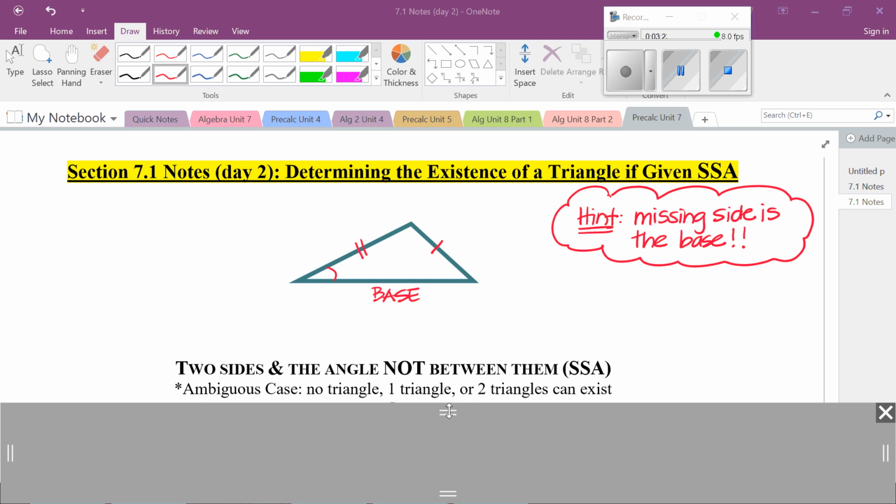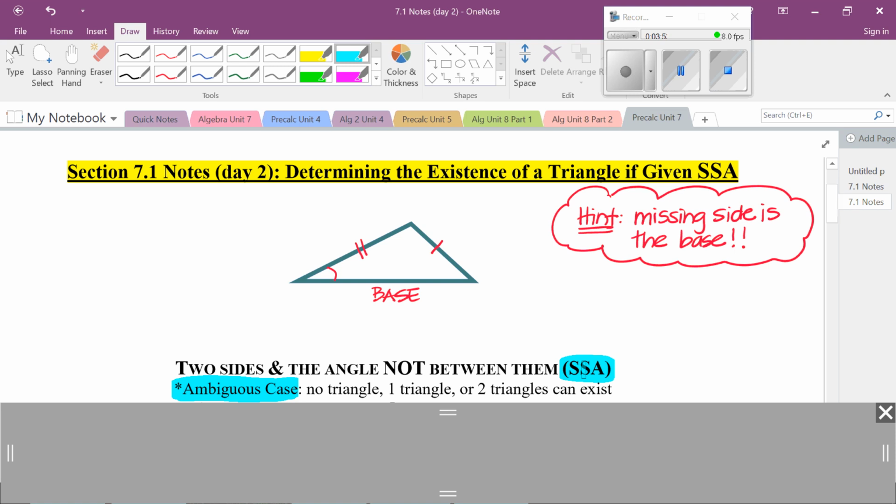The way that you will know whether there's no triangle possible, one triangle possible, or two triangles possible has to do with the height of the triangle. A lot of math courses will call this the ambiguous case, and it only happens with SSA, side, side, angle.